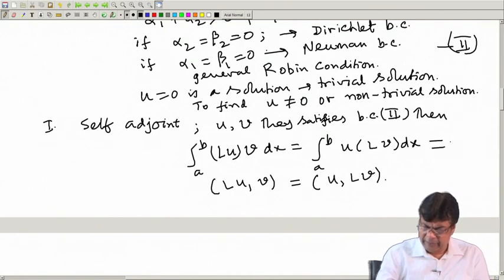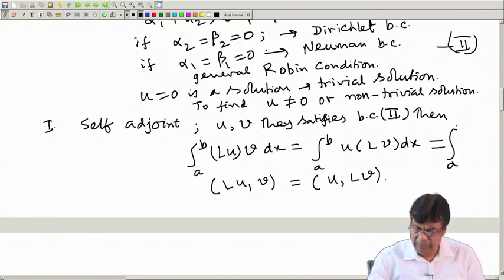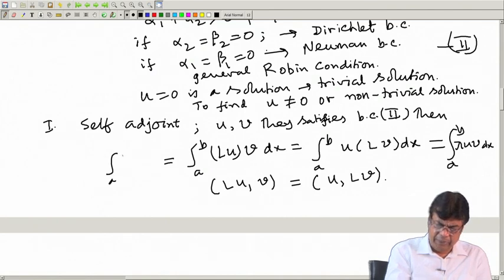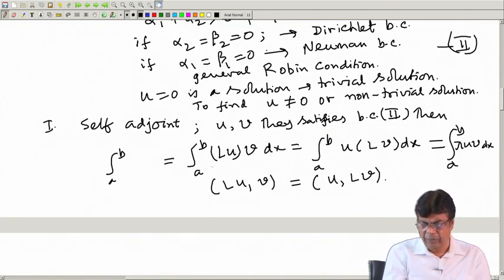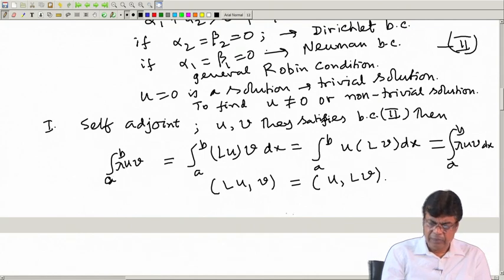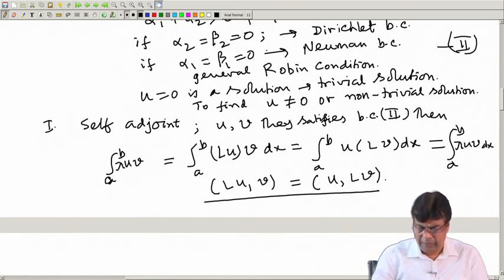This we can write as the integral from a to b of lambda u v dx, and in the same way, because Lu equals lambda u, we get lambda u v. So this implies these conditions, and one can say that this operator is self-adjoint.